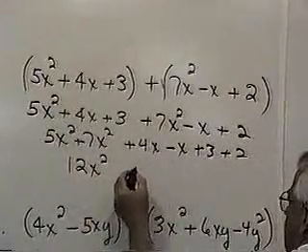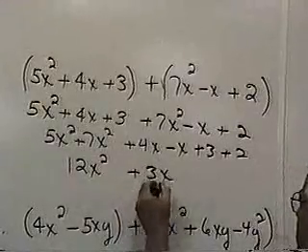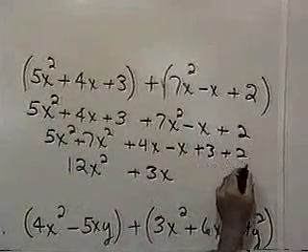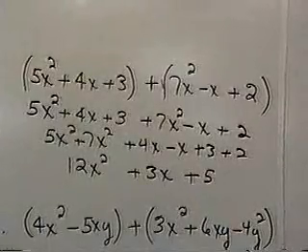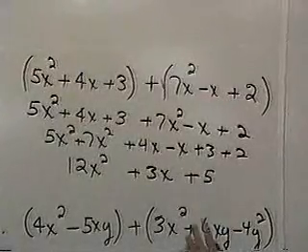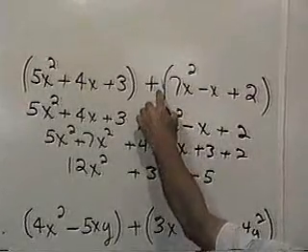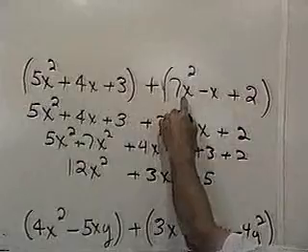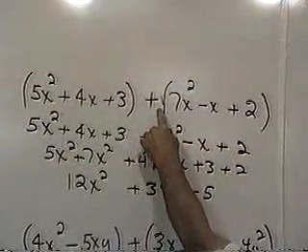Adding the x's, we have 4 of them minus 1 of them, so that's 3 of them. And then the numbers, a plus 3 and a plus 2 is a plus 5. So again, the process is remove the parentheses, and you do that by multiplying everything inside, everything. Multiply that and that and that by what's directly in front of the parentheses.